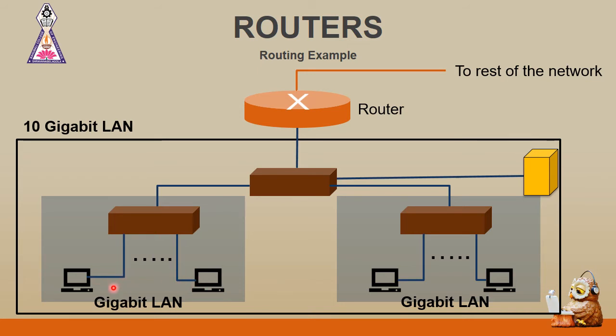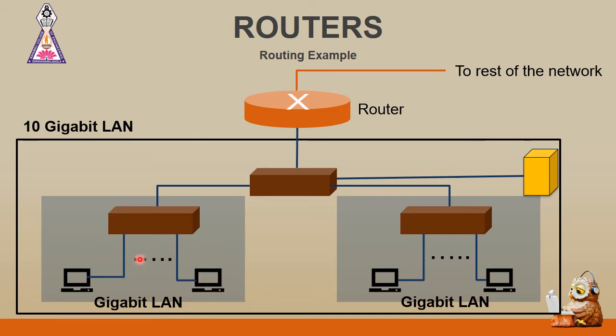This host will send the information to the link layer switch here. It will examine the source and destination link layer addresses, match them with the destination port number, and easily forward the frame inside the network.